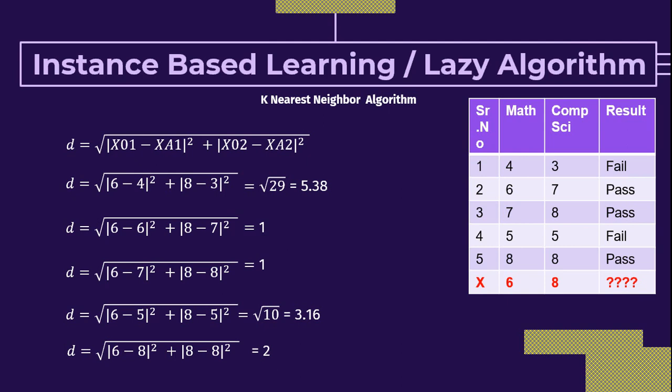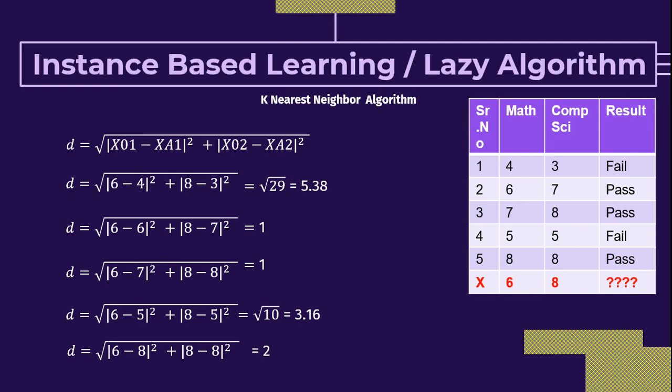So these are the distances from the value x. If you draw the circle by keeping the X student as the center, and you want to find the 3 nearest neighbors, you get 1, 1 and 2, because these are very near to the center.